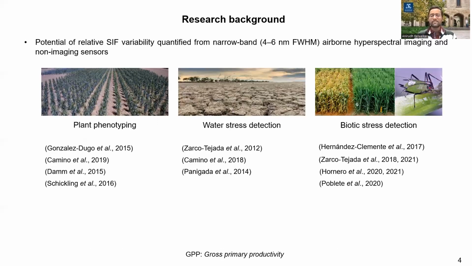Although sub-nanometer resolution is recommended for accurate SIF quantification, several studies using narrowband imaging and non-imaging sensors with 4 to 6 nanometer FWHM have shown that the relative SIF variability captured by these narrowband sensors can be a valuable plant trait in a variety of contexts, including plant phenotyping, plant physiology monitoring, and detection of biotic and abiotic stress.